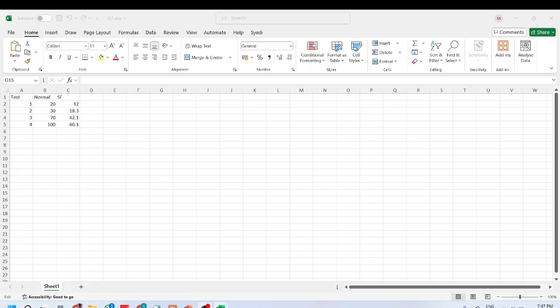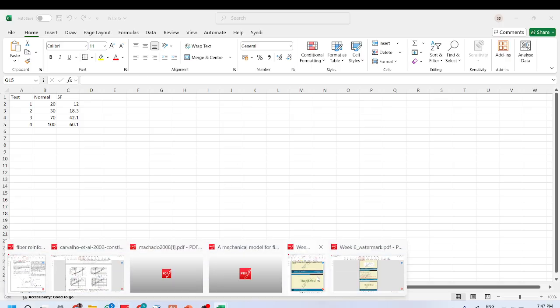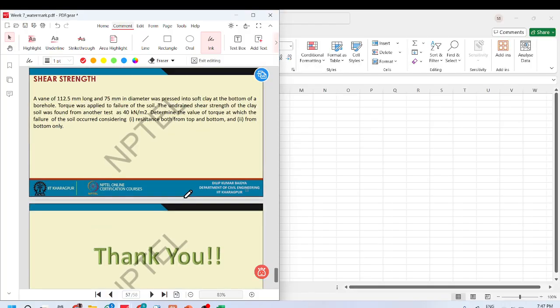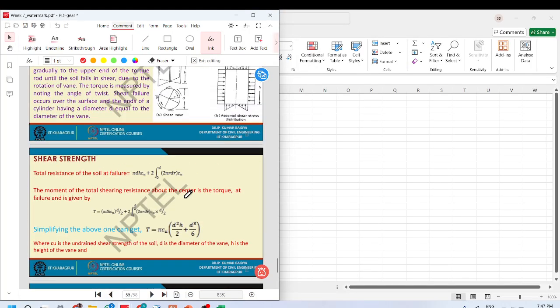One of the things that we did not discuss, which was mentioned here, is the area ratio.